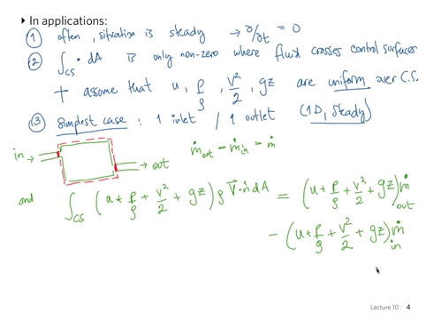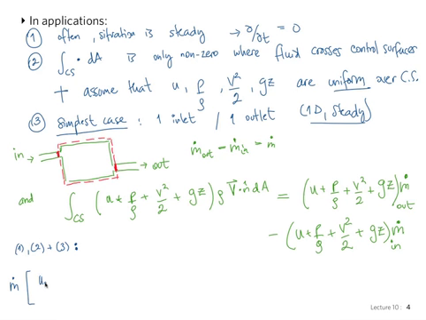So now we could combine all of these terms together in an application. If we have all of these assumptions, 1, 2, and 3, then our energy equation is m dot, so it's steady. I don't have that term, steady. And so let's just call it o for out, i for in.